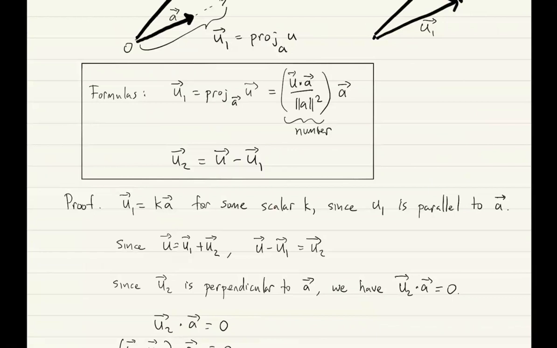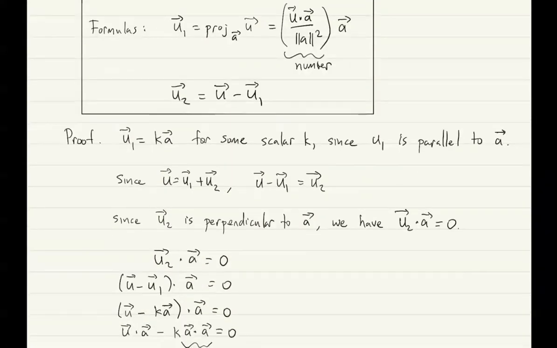Okay, so then since u is equal to u1 plus u2, assume we somehow have these vectors u1 and u2. Well, then u2 has to be u minus u1. And then the other property we have is that u2 is perpendicular to a. And here's where the dot product comes in.